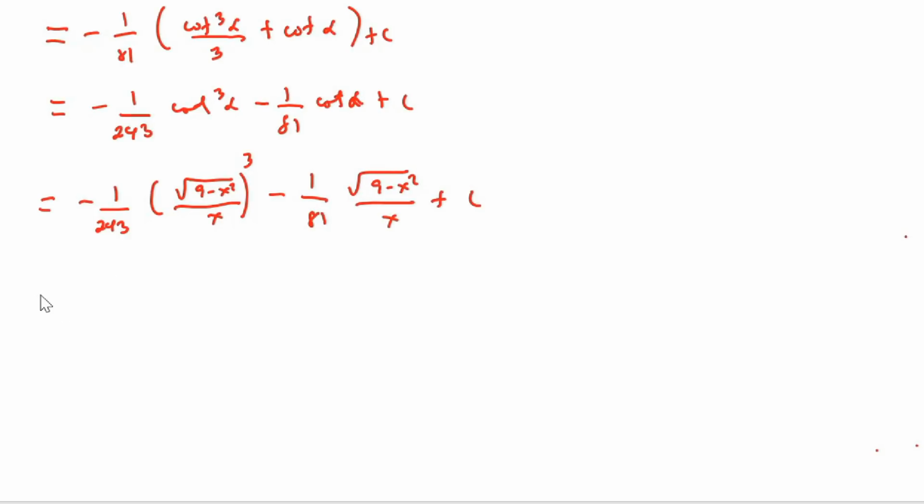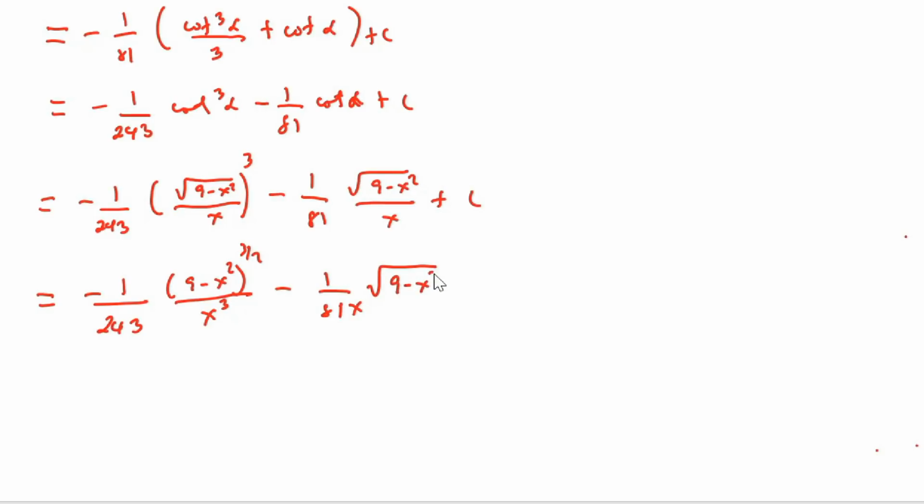So the first term can be written as negative 1 over 243 times (9 minus x squared) to the power of 3 halves over x cubed, using the distributive property, minus 1 over 81x times the square root of 9 minus x squared, plus a constant.